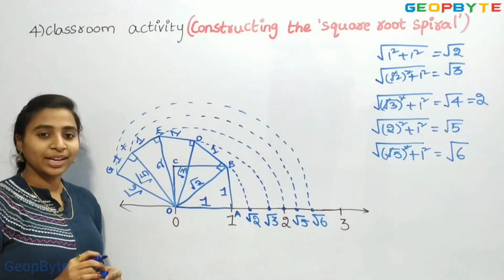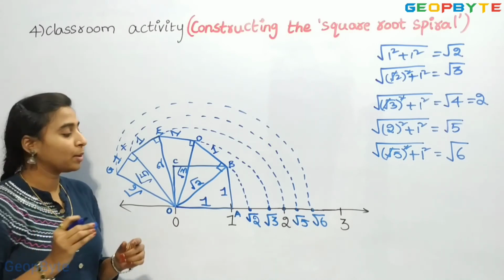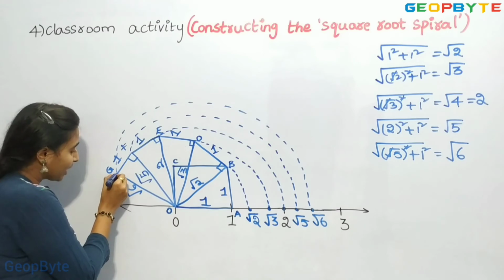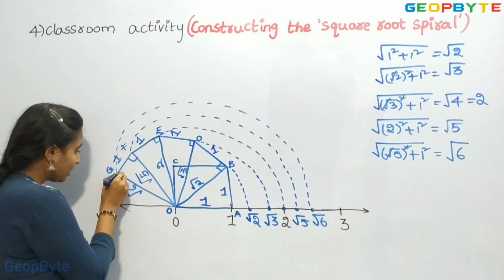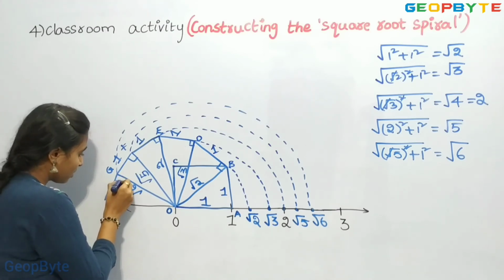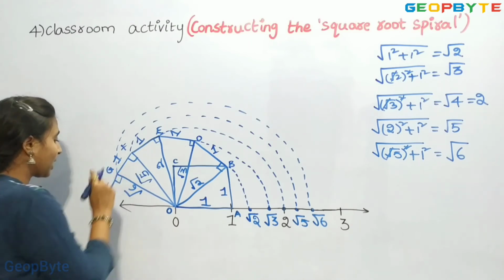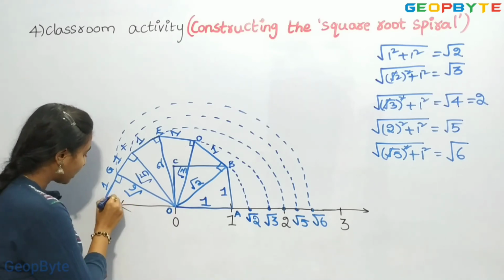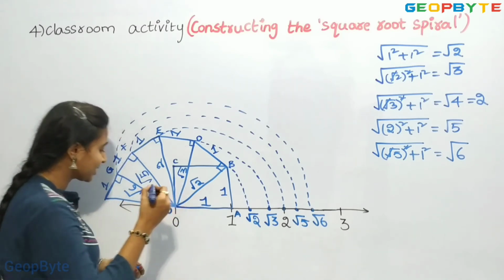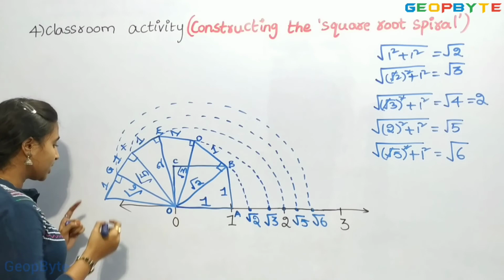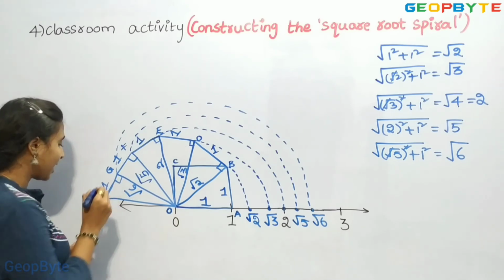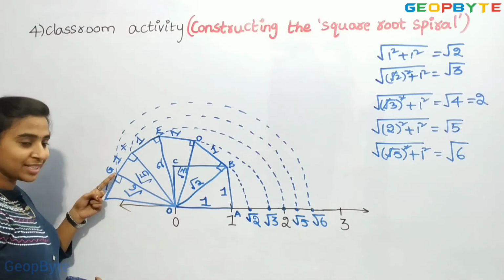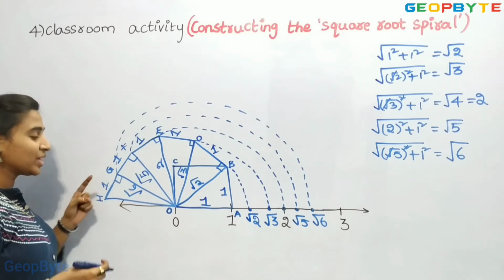Now, after locating, again let us draw a perpendicular line to OG. That is at a right angle with 1 unit length. Now let us join this line. Now this point becomes H. Now we have root 6 on this line and 1 on this line.